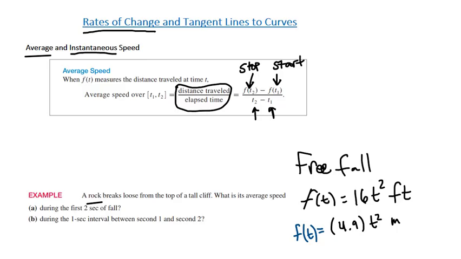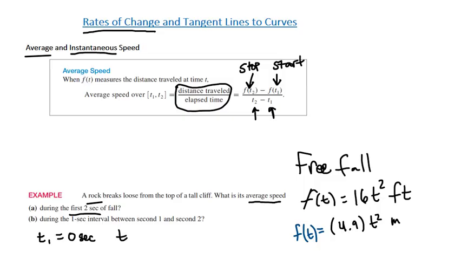What we want to know is, during the first 2 seconds, what is the average speed? First 2 seconds means we need a starting time and a stopping time. Our starting time is time 0, and we want to notice that we are dealing with seconds.